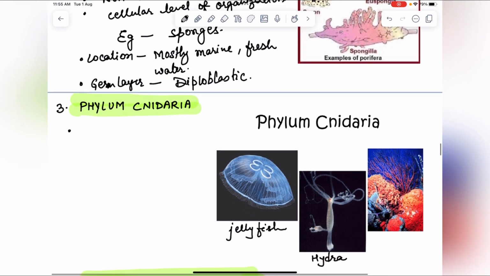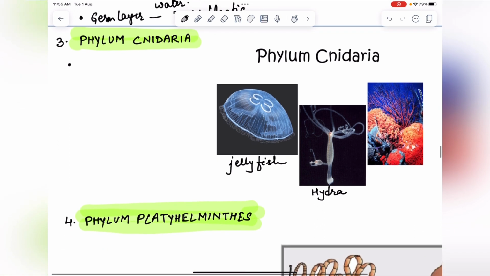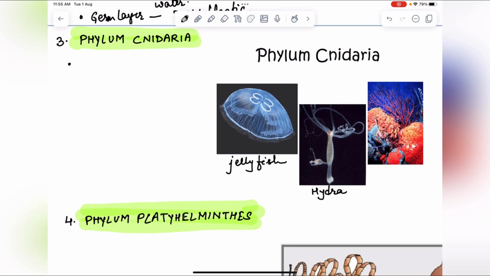Cnidaria are aquatic animals, mostly marine, and they are found in colonies. Colonies means they live together, like jellyfish. And hydra are solitary. Solitary means they live alone.